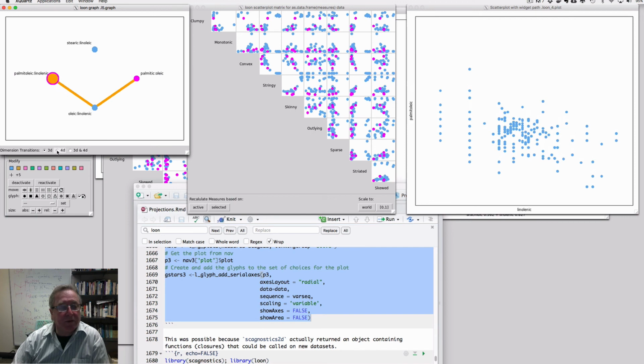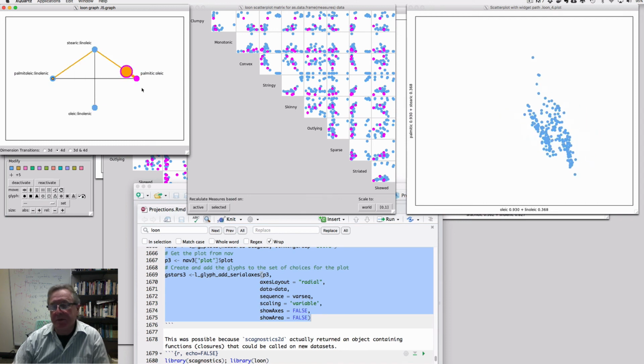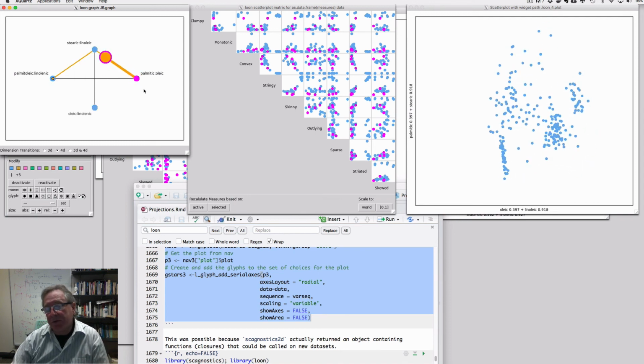Again, the 4D version of that for the other ones. See how these non-rigid transformations, whether those groups are traveling together or not.